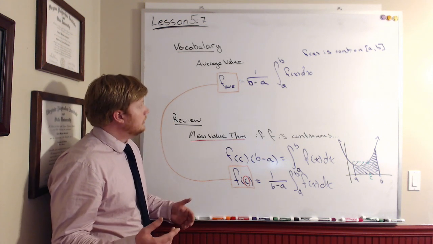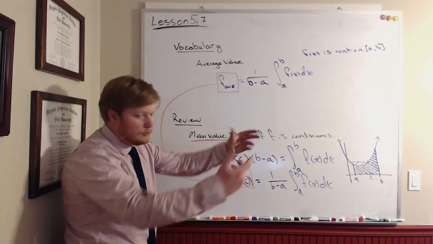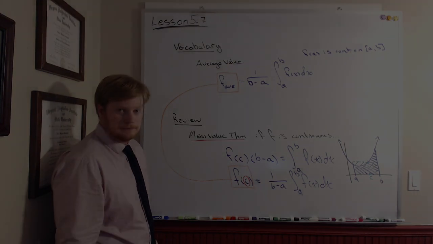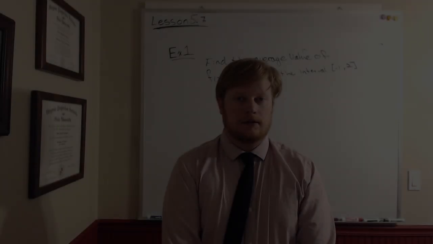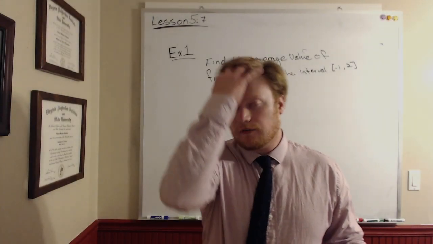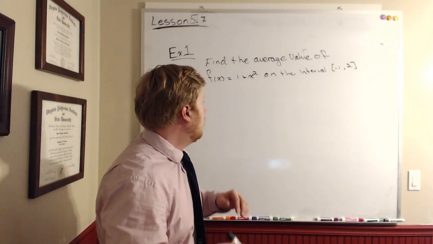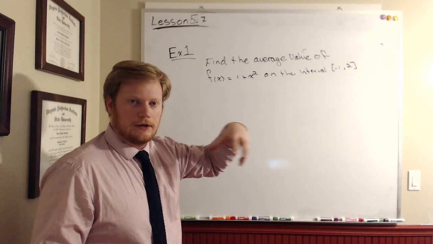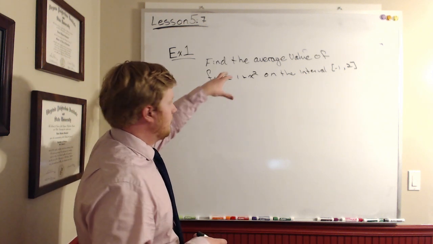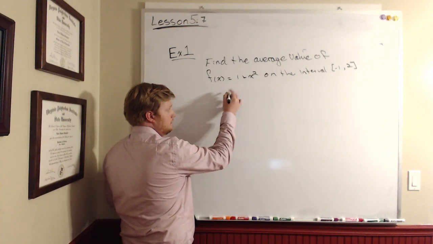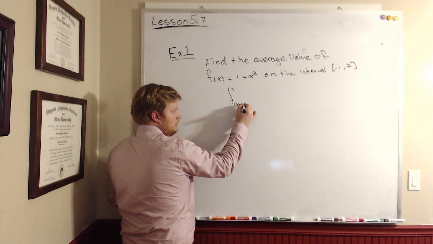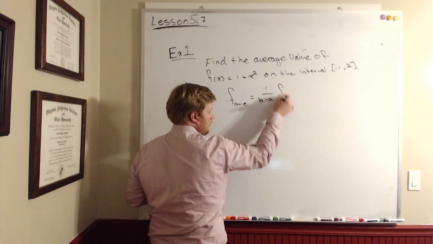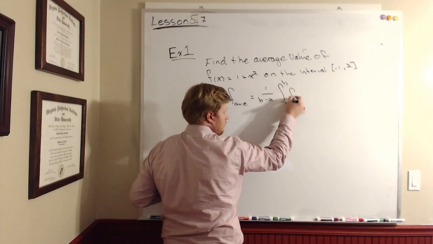So let's go ahead and get rolling and look at a few examples of some applications of this theorem. All right, so first up, right off the bat, we have a direct example. And by direct example, I mean it's just find the average value. There's not really any thinking involved here. The average value is defined as 1 over b minus a, integral from a to b of f of x dx.